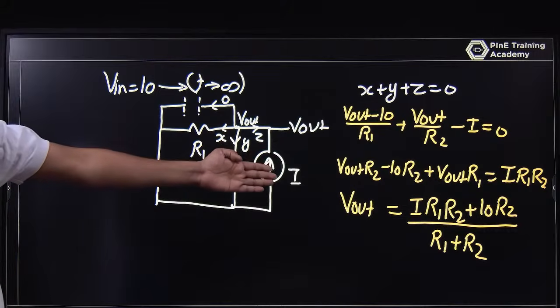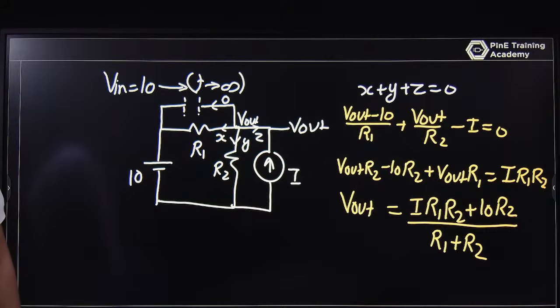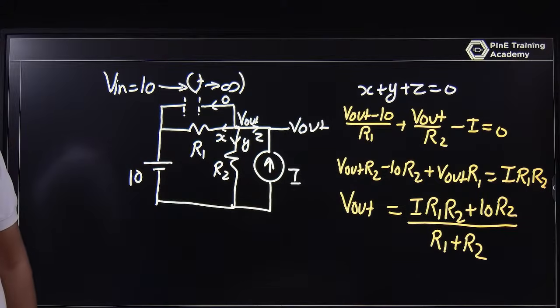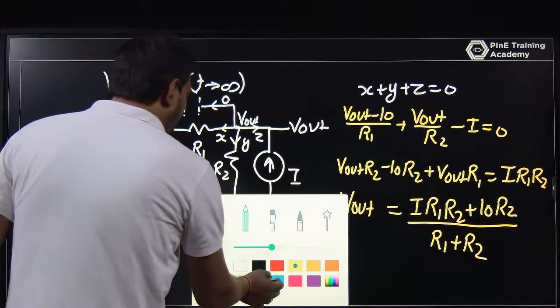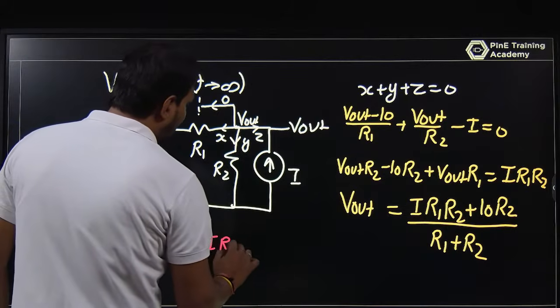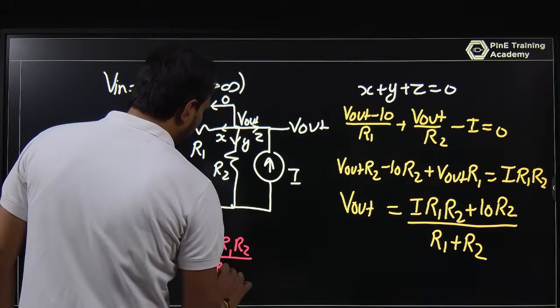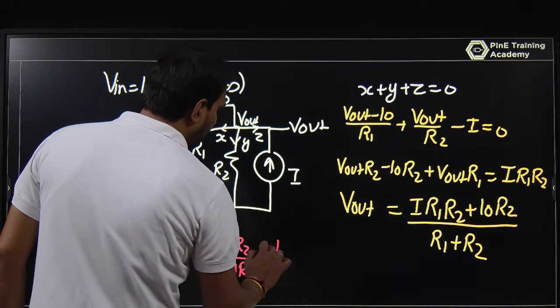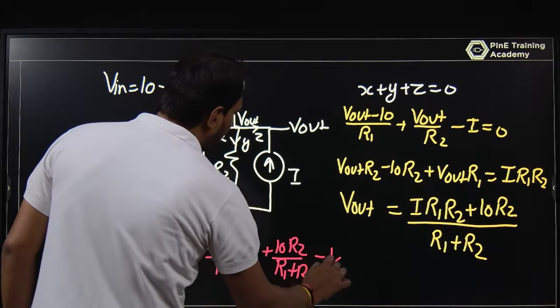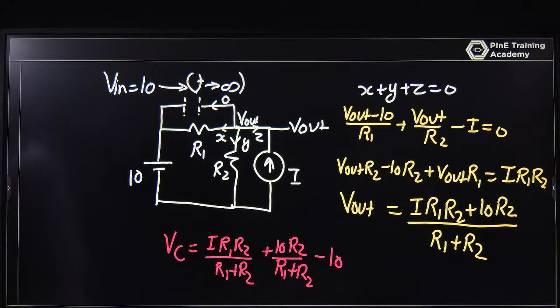Finally, V out is I R1 R2 upon R1 plus R2 plus 10 R2 upon R1 plus R2, minus 10, that will be your VC. So VC is I R1 R2 upon R1 plus R2 plus 10 R2 upon R1 plus R2 minus 10. The 10 R2 minus 10 R2 will be cancelled out.